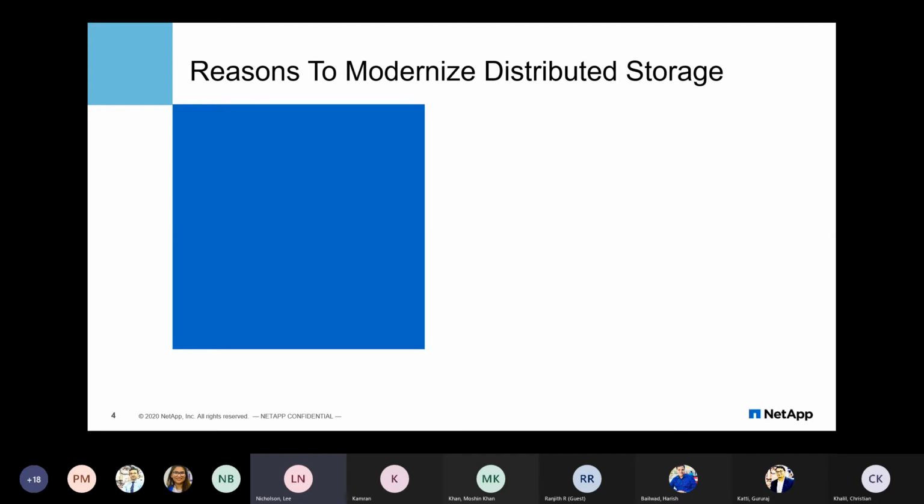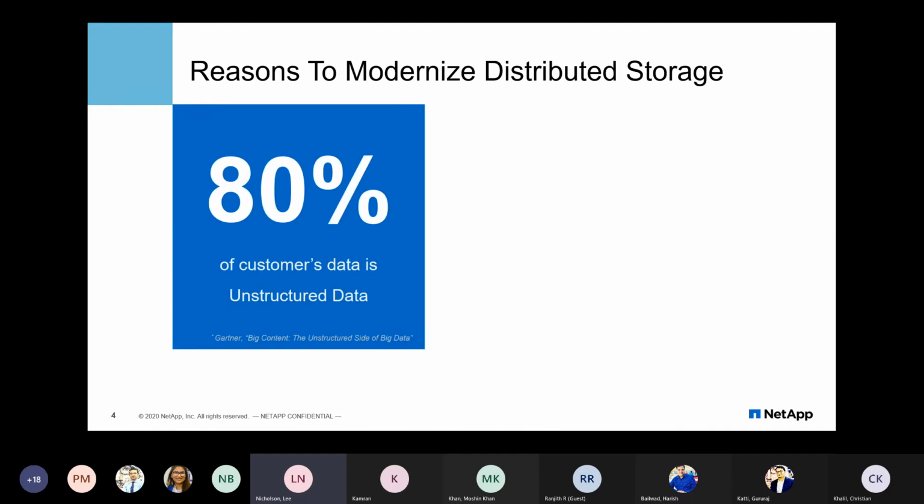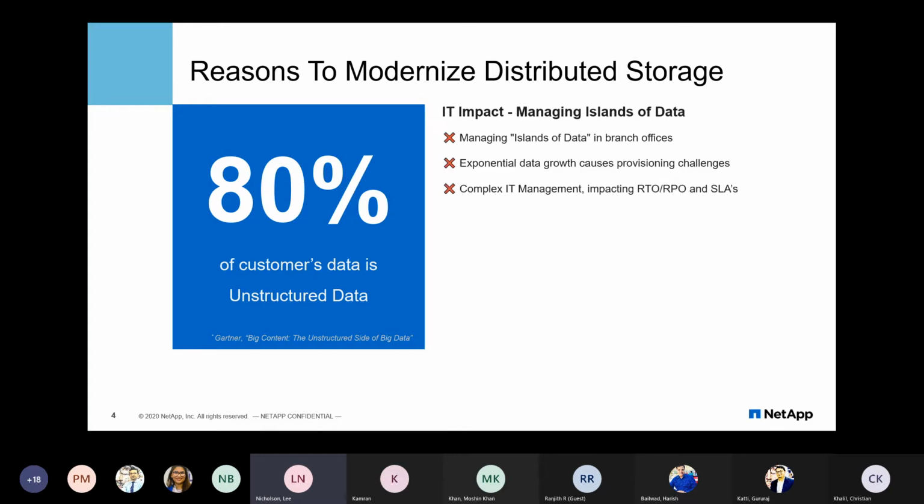So very quickly, reasons to modernize your distributed storage. When we're talking to potential or existing customers, we find that 80% of their data is typically unstructured data. The problem is how they're managing all of this data at the moment, because it's all on file servers, sitting all over the place, and it has a major impact on IT because they're managing these islands of data.